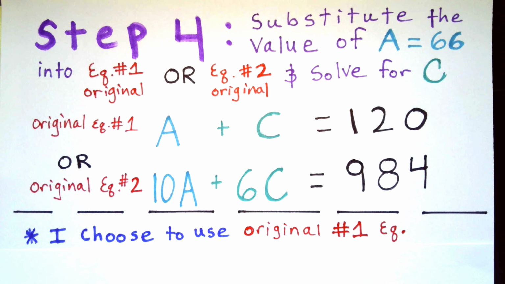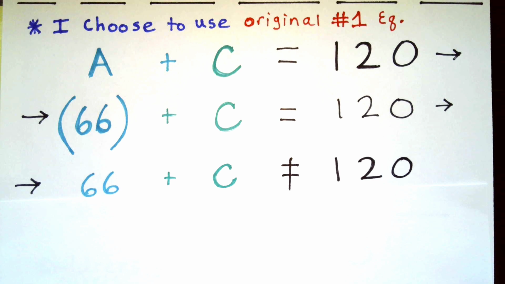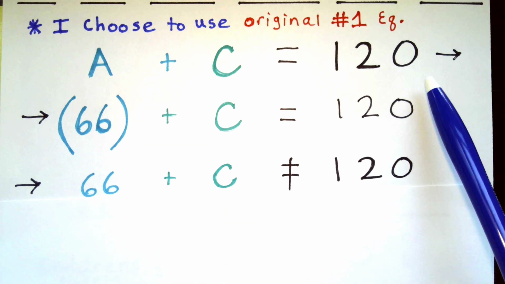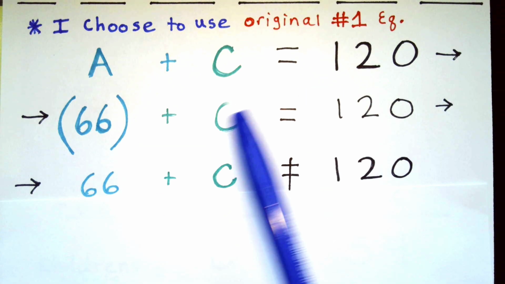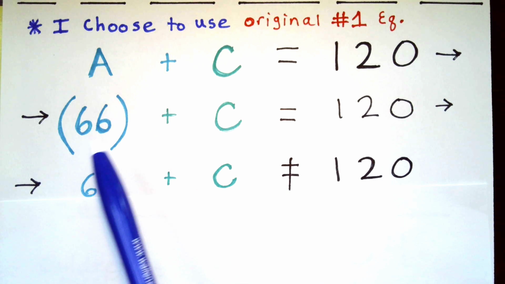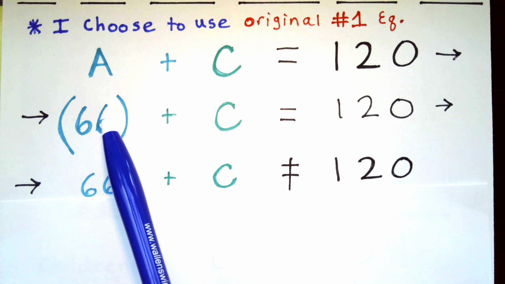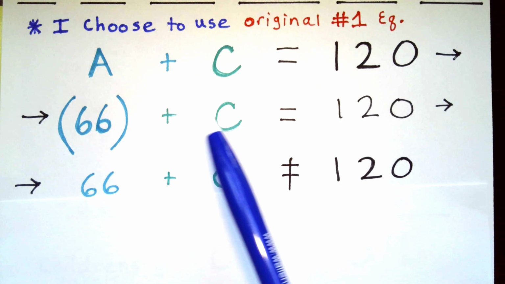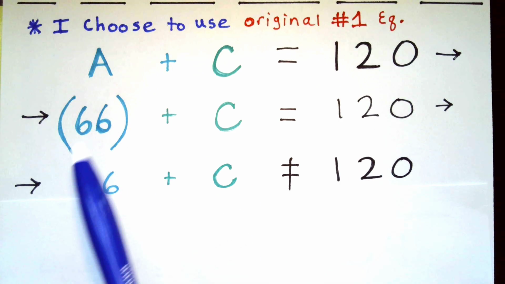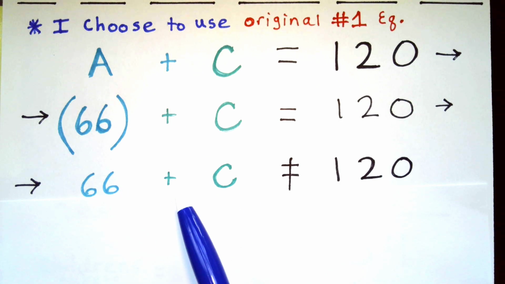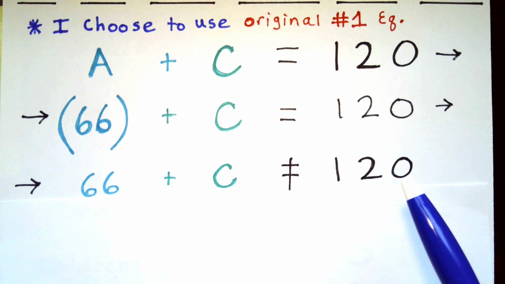Solving for the variable C in equation number 1. Okay, so you can see here now, A plus C equals 120. That's original equation number 1. If A equals 66, I'm going to substitute 66 for A. So 66 plus C equals 120. 66 without the parentheses, I just rewrote it, plus C equals 120.